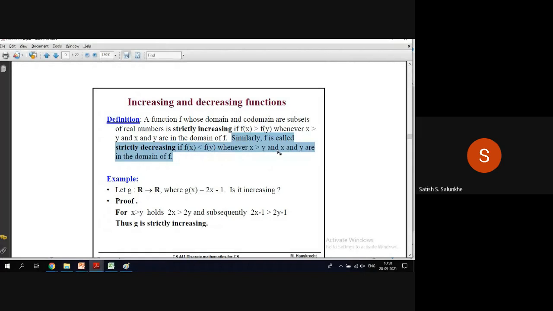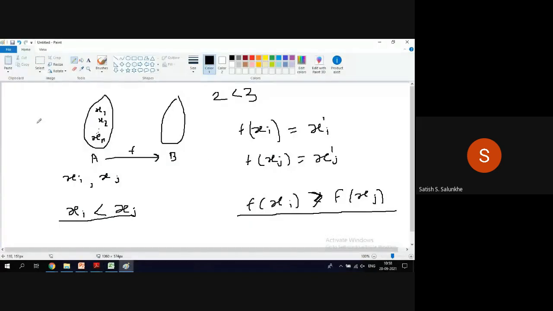It is just like directly proportional and indirectly proportional. When xi is less than xj, then f of xi is less than f of xj, it is strictly increasing. But if xi is less than xj and f of xi is greater than f of xj, then it is the opposite, that is a strictly decreasing function.